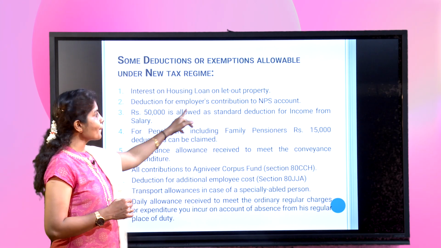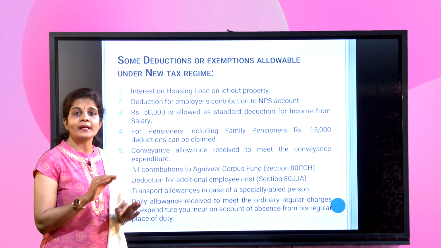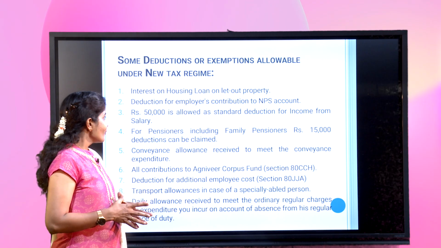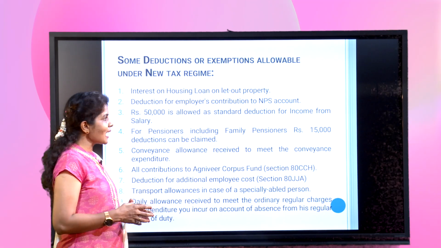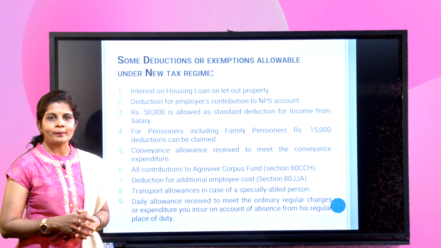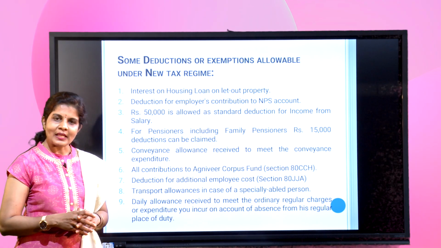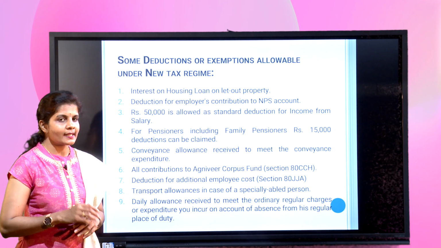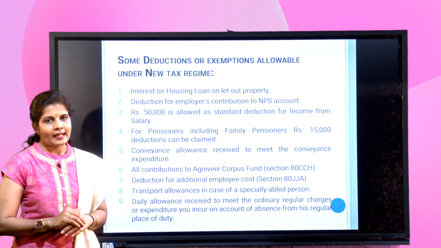Now only the employer's contribution is allowed, but not the employee's contribution. Further, 50,000 rupees is allowed as standard deduction from income from salary. It is allowable under the old tax regime as well. This is called the standard deduction for the employee.